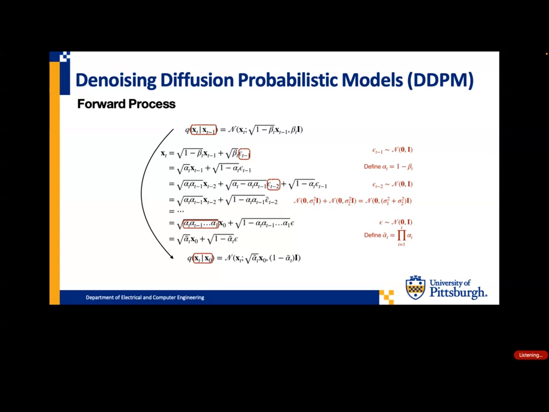The square of this plus the square of this equals alpha t minus alpha t alpha t minus 1 plus 1 minus alpha t, and the alpha t is canceled out. So these two terms can be combined as 1 minus alpha t alpha t minus 1, and this is the new noise.